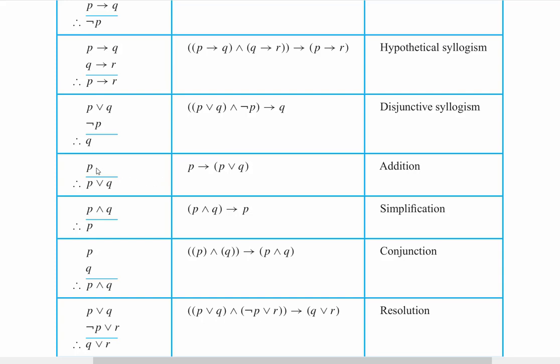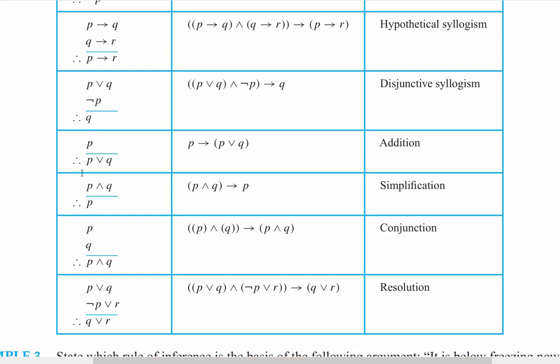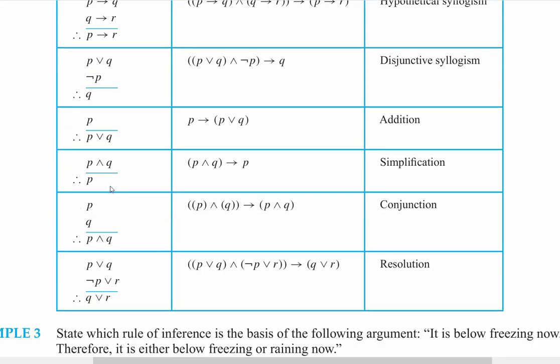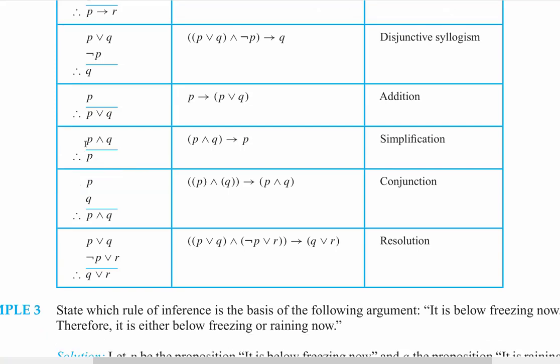A simple one here. If P is true, well, then you can deduce that P or Q must be true. Or if P and Q is true, well, just from the definition of and, then each of P and Q have to be true, so certainly P is true.